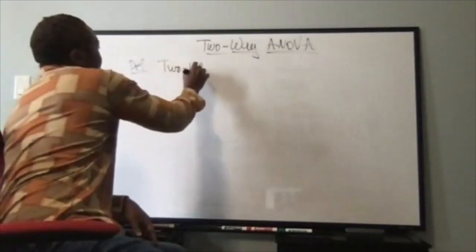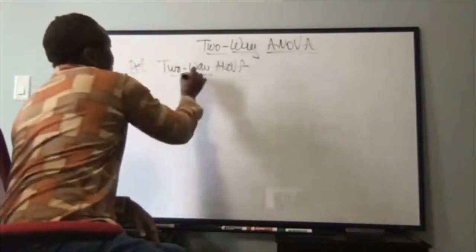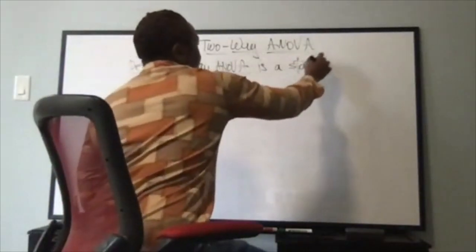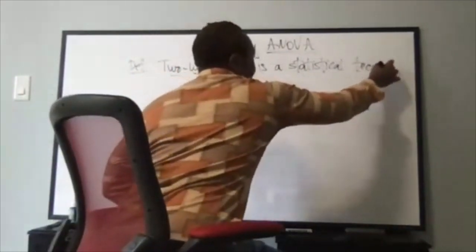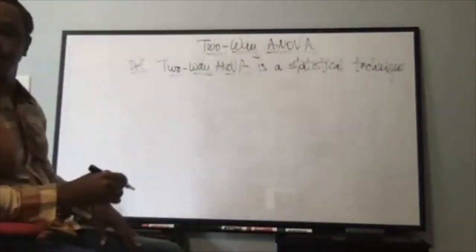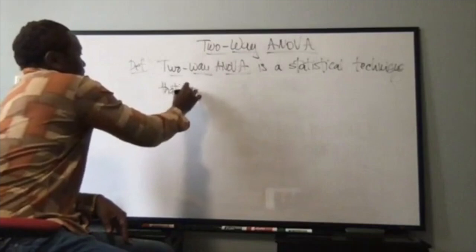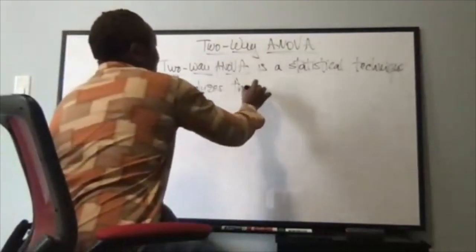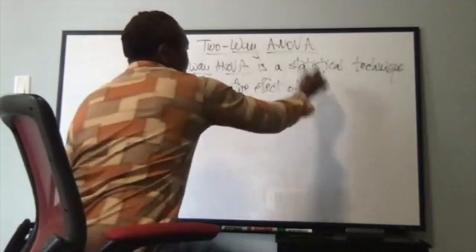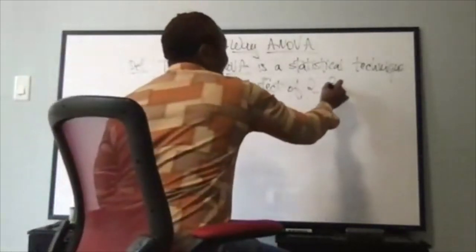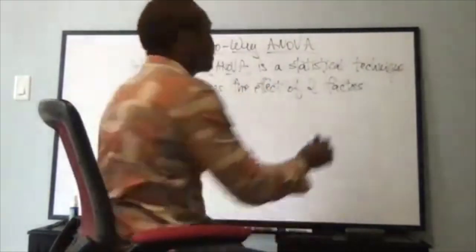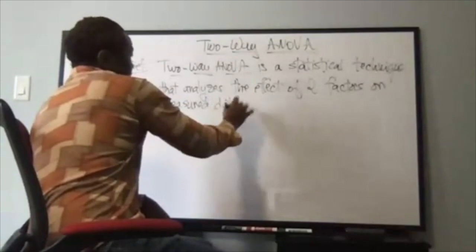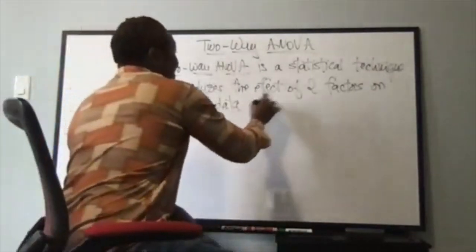Two-way ANOVA is a statistical technique that analyzes the effect of, lo and behold, two factors on measured data at the same time.